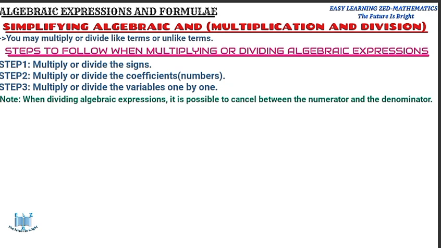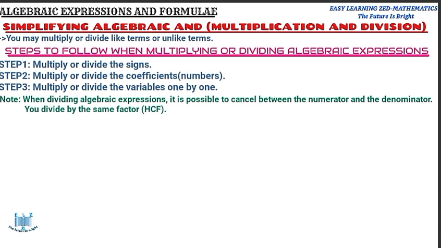Then you should also know that you divide by the same factor. If the numbers cannot be cancelled out completely, you can find the highest common factor of those two numbers, and that is the one you use to divide those two numbers.